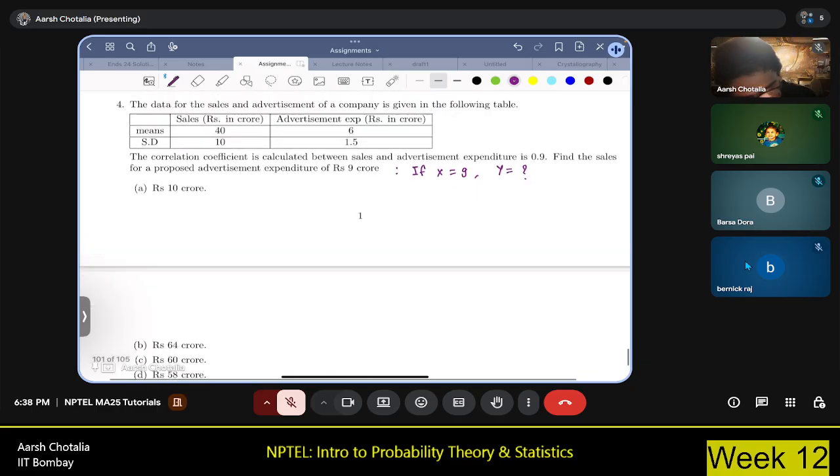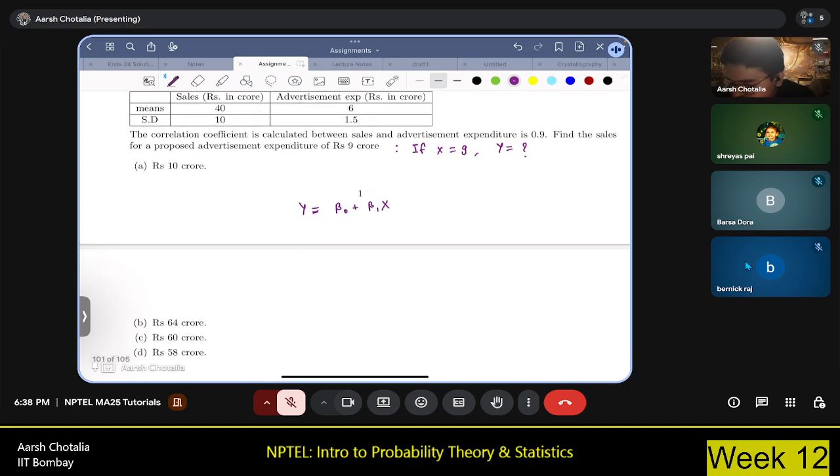So for that we need this regression, which will be beta naught plus beta 1 x. And as you know, probably beta 1 is given by, and there is another formula actually, which we can directly use: y minus y bar is something times x minus x bar. This is also an equation of a straight line, and this is given by rho times sigma x by y or y by x.